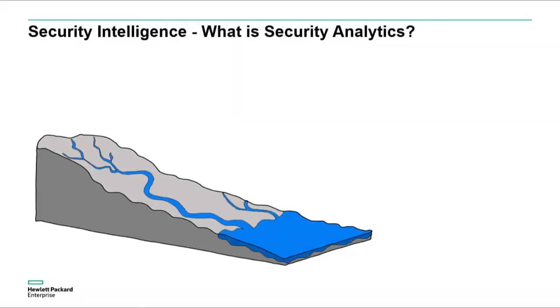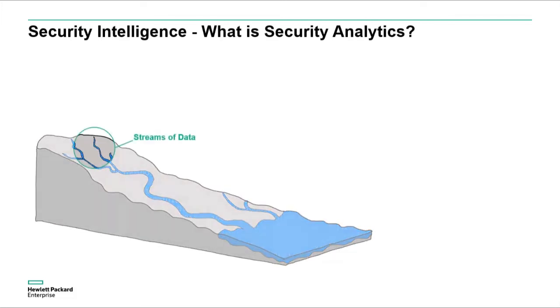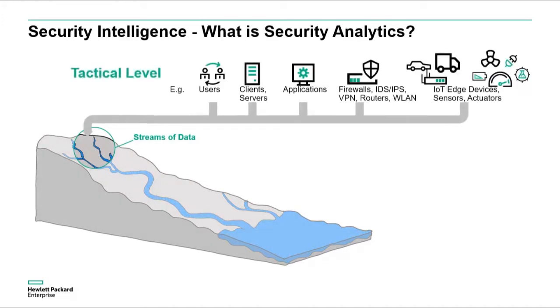A river delta consists of streams that lead into rivers that lead into the ocean or a big lake. Streams of log data are generated by the IT infrastructure around the clock. Common log sources can be hosts, applications, users, network and security infrastructure components, and of course all IoT endpoint and edge computing devices.